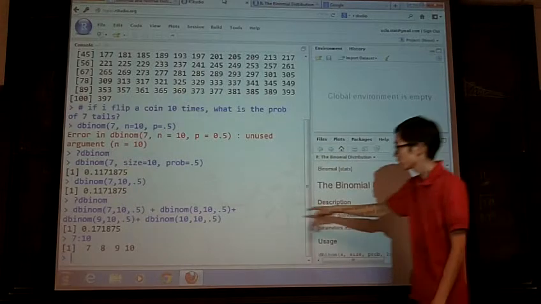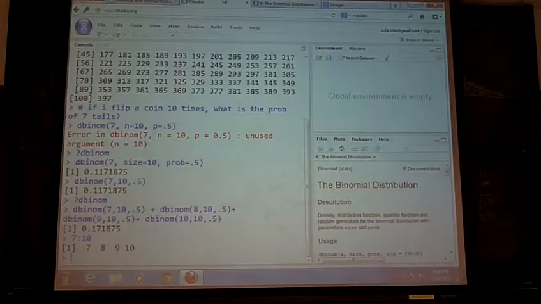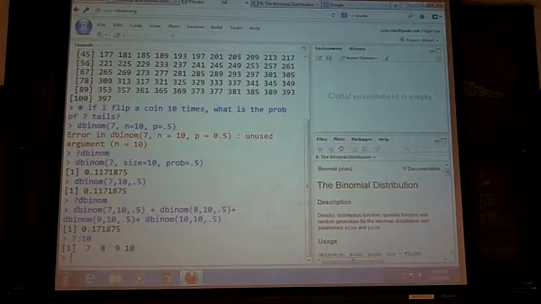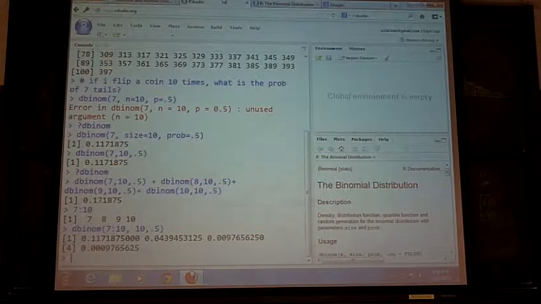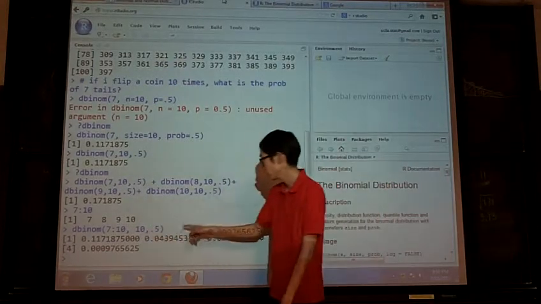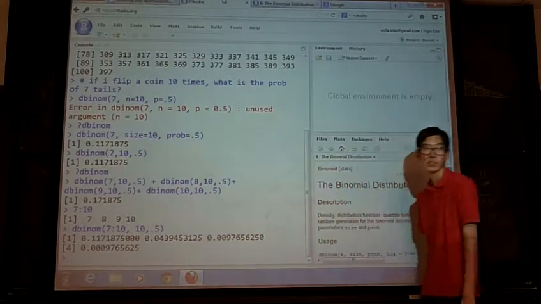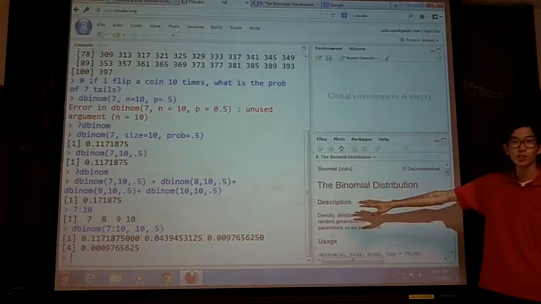Okay, so instead of having to type this whole thing out 4 times like that, I can do dbinom(7:10, 10, 0.5), and it's going to give me back 4 numbers. This is the probability of seeing 7 tails, 8 tails, 9 tails, and 10 tails. Okay? Are you following me okay?